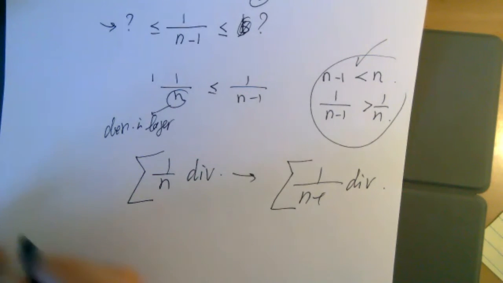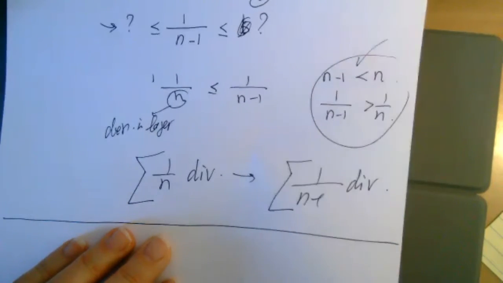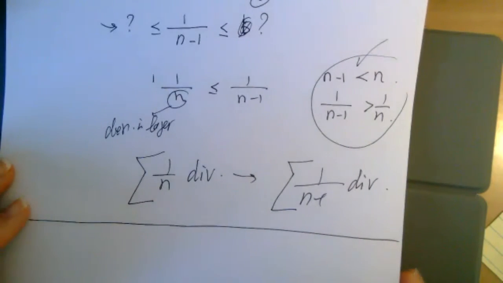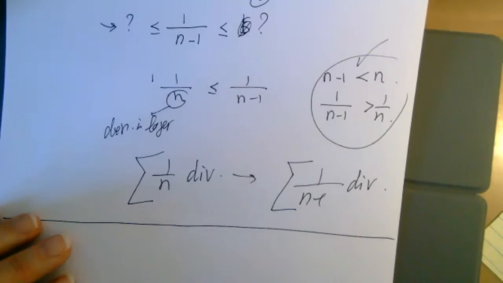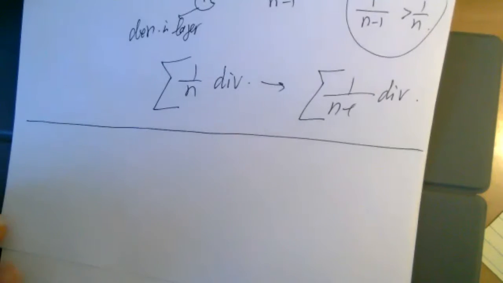Before we move on, I want to ask you two questions, and I really want your answers. Question number 1. The ordinary comparison works only for series with positive terms.